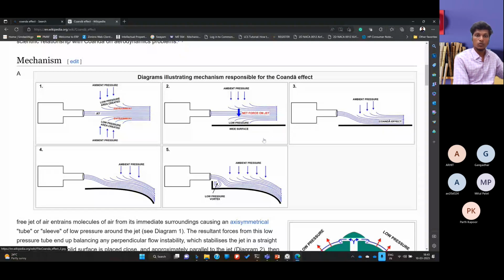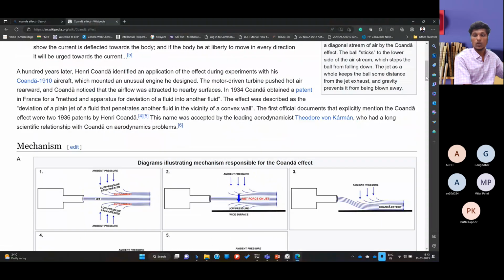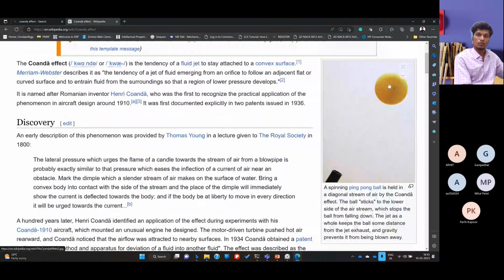Yeah. Now this is with respect to the static plate. If you are dealing with a static plate, this is what happens. But if you are dealing with a moving fluid and a spinning ball here, now you can see the Magnus effect.